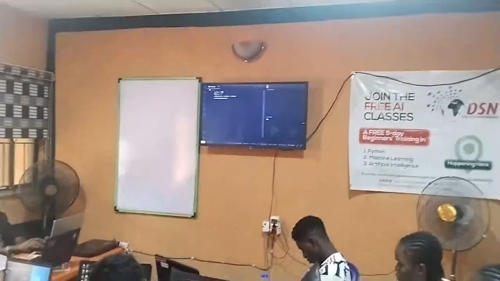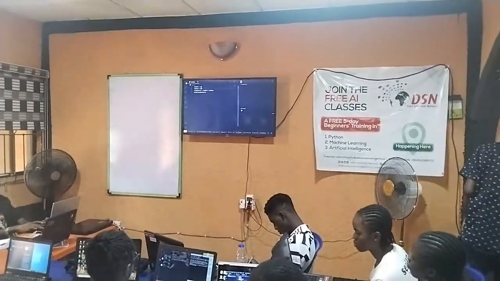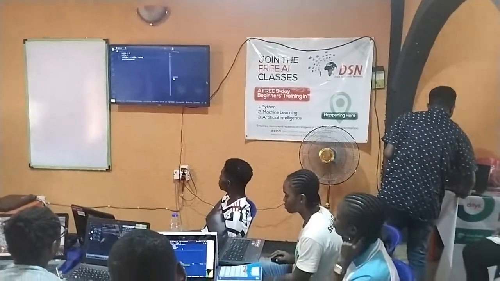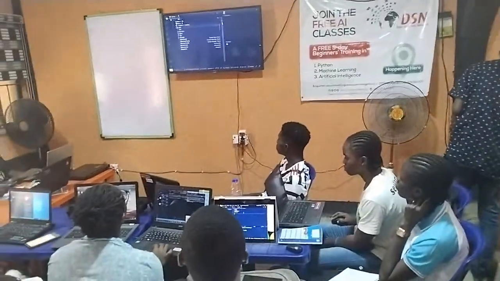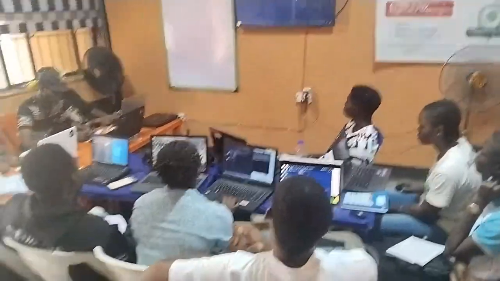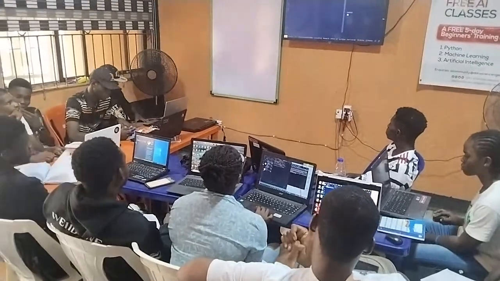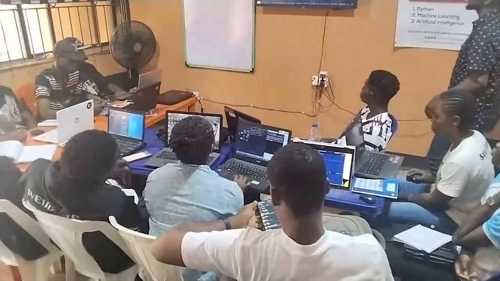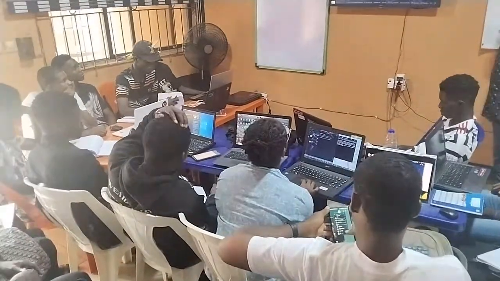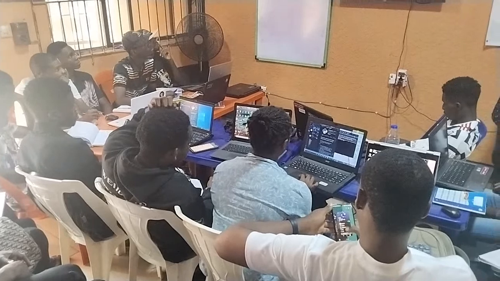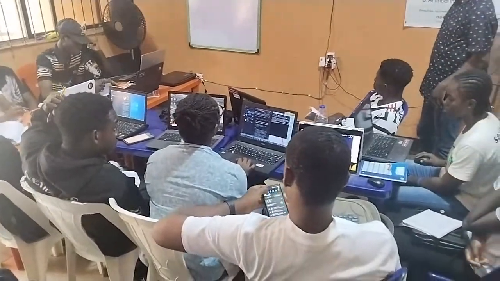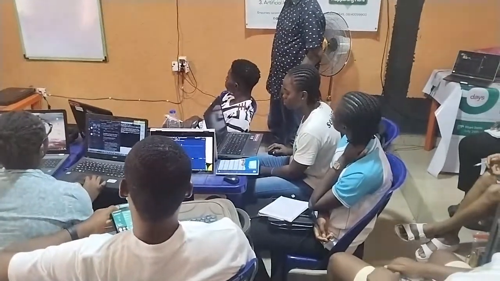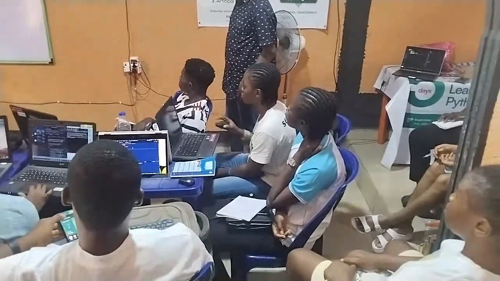Let's say 10, maybe 2. Let's check it first. If you look at it, it gives us 5.0. Is this 5.0 a floating point number or just an integer? It's a floating point number.